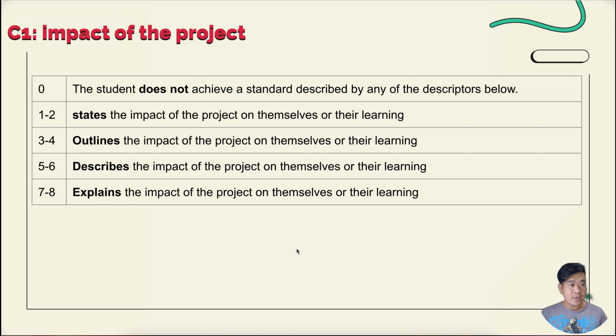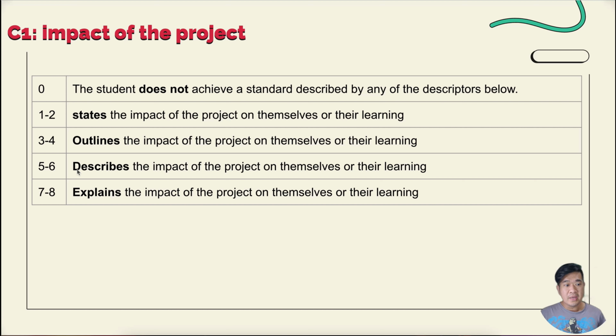So let's look into the rubric. For 7 and 8, explain the impact of the project on themselves or their learning. So here, the learning of your own, and you have to explain it.